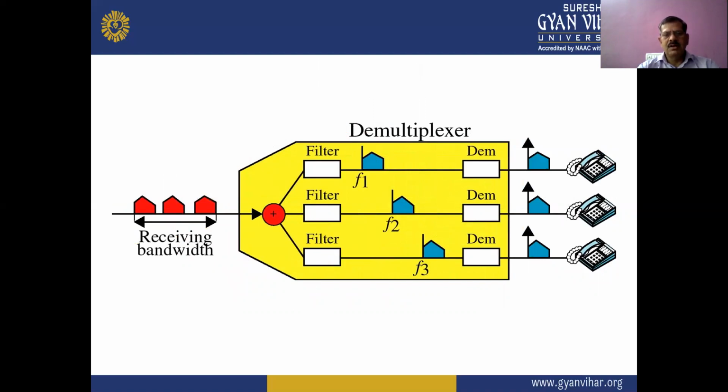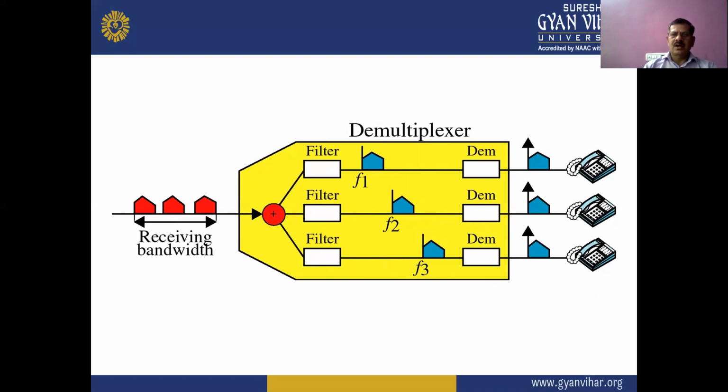So in demultiplexing, we use different filters, and after the filtration of the different input signals, we convert these signals into the output signals with the help of the demodulation technique.